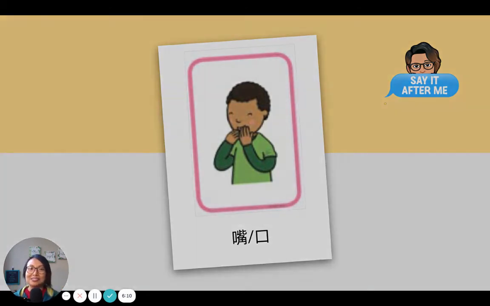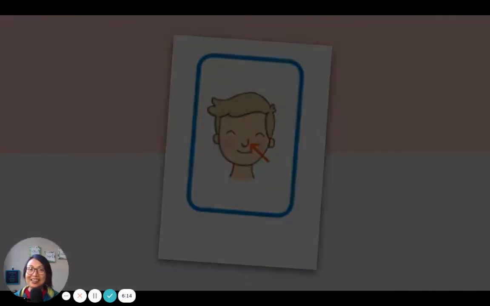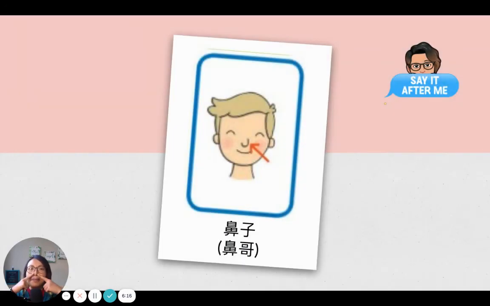What about this? Our nose in Chinese is 鼻子. This is the way we write the word nose, 鼻子. But to say it in a more casual way, we'll say 鼻哥. So eyes and ears and mouth and nose.